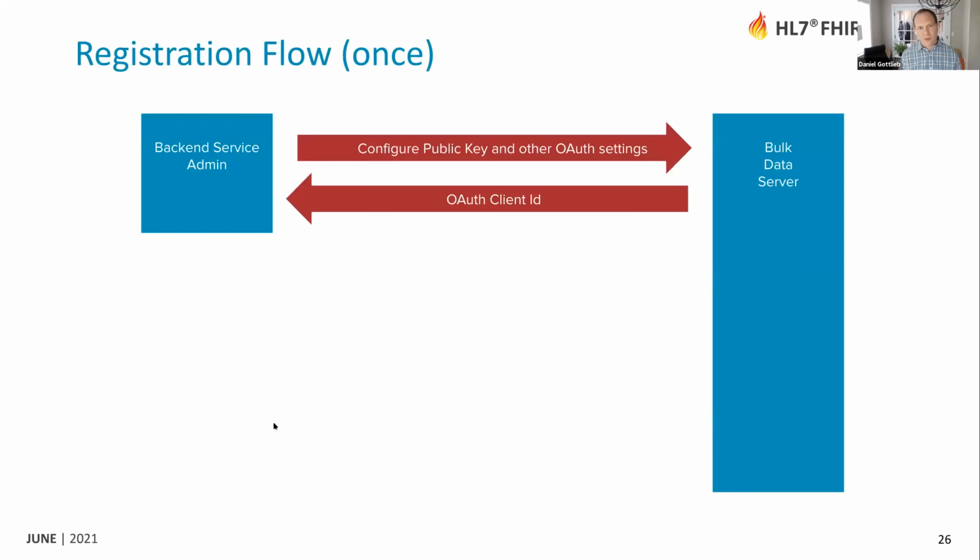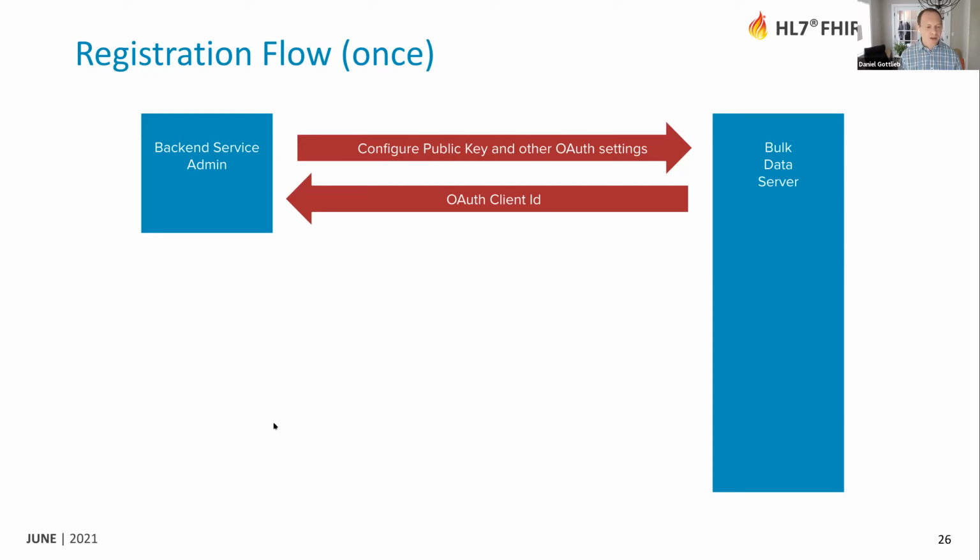To look at that a little bit more, there's an initial setup step. This is where an admin working on the bulk data client side would register their public key with the bulk data server, along with other OAuth settings at that time, and get back from the bulk data server a client ID. This could happen through some sort of portal.